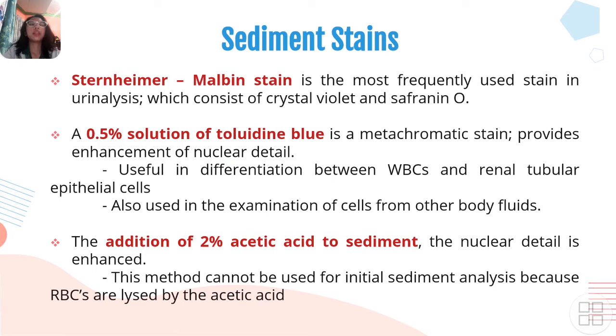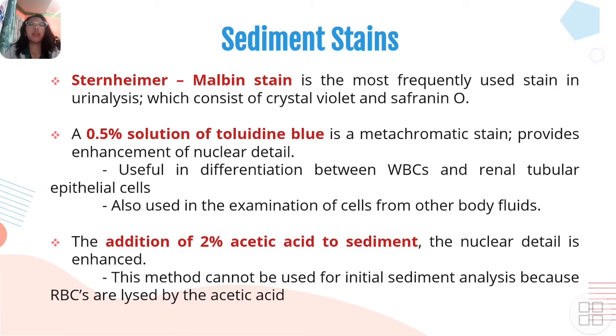Sternheimer-Malbin stain is the most frequently used stain in urinalysis, which consists of crystal violet and safranin O. A 0.5% solution of toluidine blue is a metachromatic stain that provides enhancement of nuclear detail, useful in differentiation between WBCs and renal tubular epithelial cells, also used in examination of cells from other body fluids.